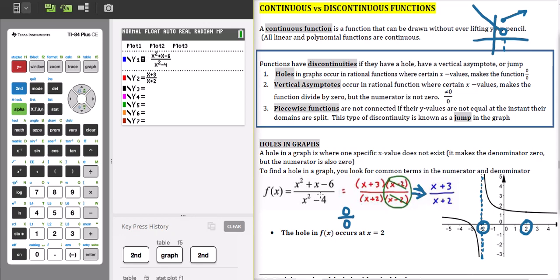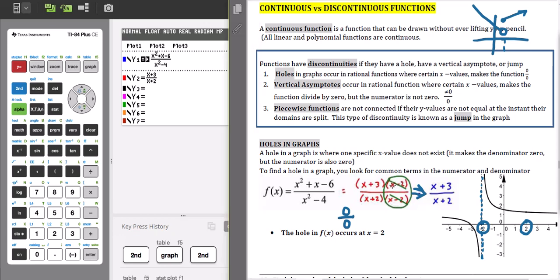But if you reduce the function down, canceling out this x minus 2, x minus 2, that's where the hole is. If you put a 2 here for this x, that'll be 2 minus 2 and 2 minus 2, or 0 over 0. If you cancel that out, you're left with a function that doesn't have a hole in it.